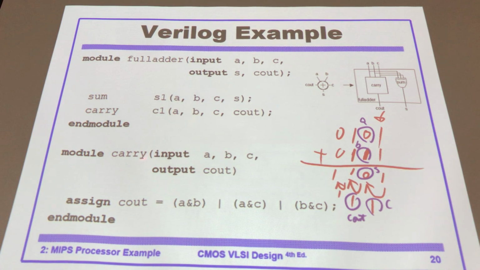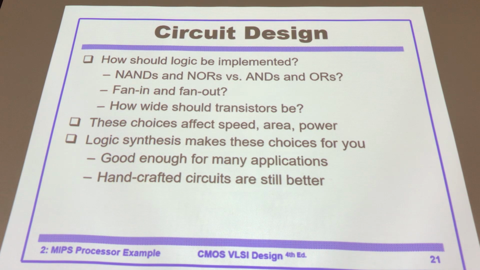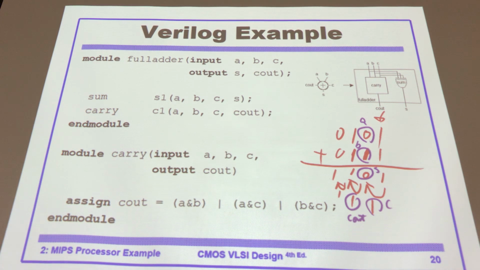This is a module for carry, and the module for sum is not here. C1 is a carry module. The carry module is a circuit like this: input A, B, C, output C out.